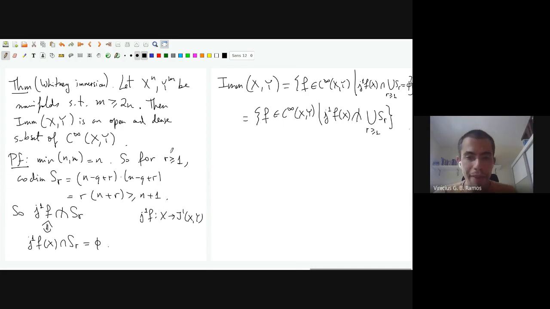Now by the Thom transversality theorem, this set has to be dense. It's a residual subset, and because the space is Baire, the set of immersions is dense.